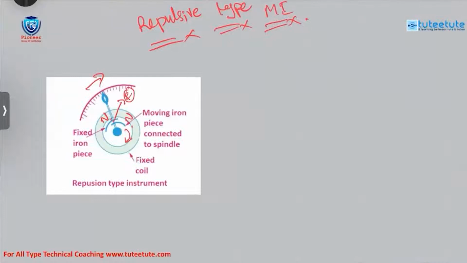Okay, so we will write some relations here. Deflecting torque is given as half I squared dL by d theta, where L is the inductance of the coil.